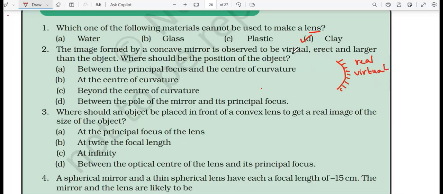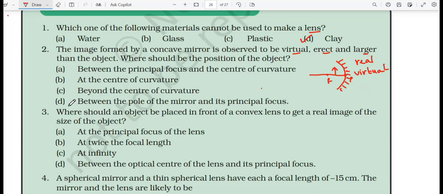In order to get a virtual, erect image which is larger than the object, we need to place that object between the pole and the principal focus of the mirror. That is somewhere here, between the focus and the pole. Then only we are going to get a virtual, erect, and magnified image of the object.